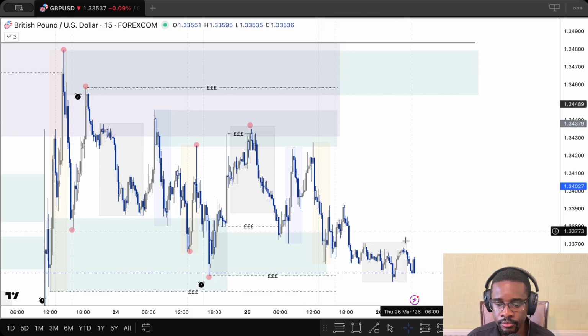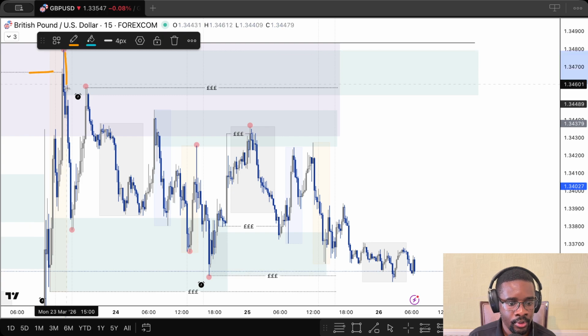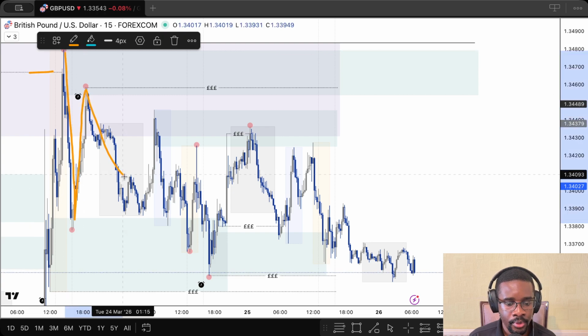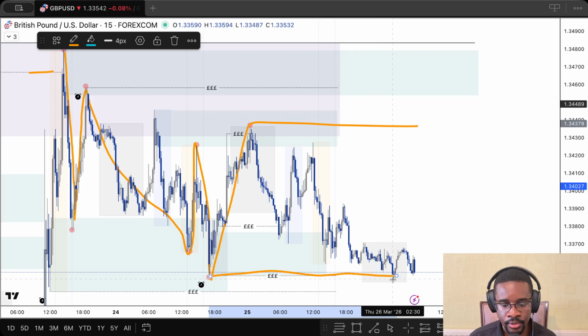It's been making lower lows, lower highs, lower lows, and then yesterday we broke to the upside, and this has been the current range that price is in.